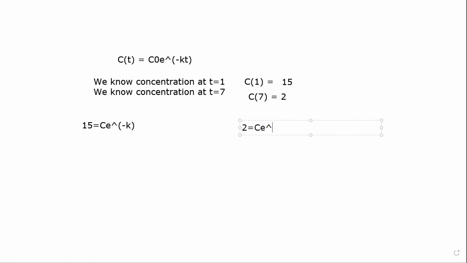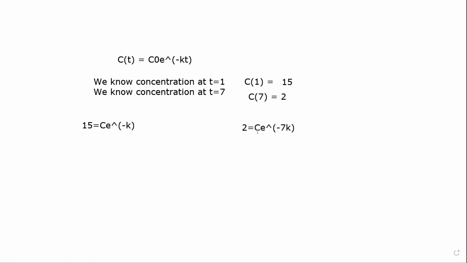Now, the problem here is that I need to find out what K is. Bringing this down would involve logs and dividing, because I don't know what C is either. You see how I have 2 unknowns here?